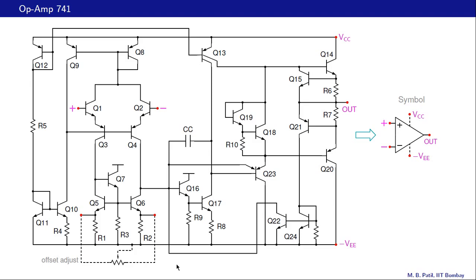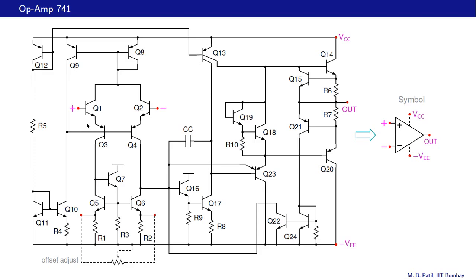One important point that we should observe in this figure is the following. The inputs, the non-inverting input as well as the inverting input, are basically base terminals of transistors Q1 and Q2, and therefore the input current that we see, either that current or that current, is a base current of a BJT.